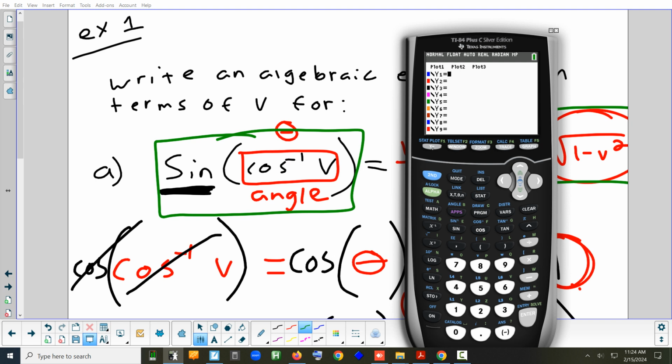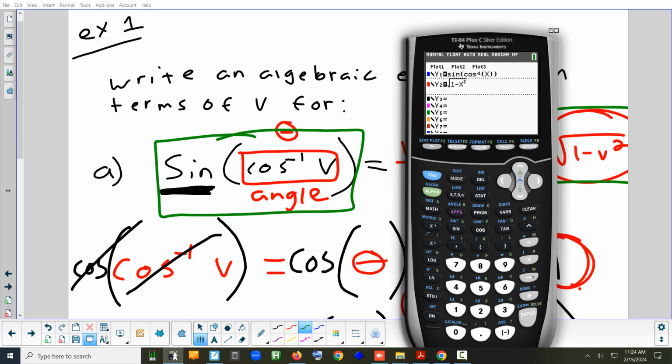Let's go to y equals. Yes, I'm just checking my answer. Remember, when you type in on the calculator, you always have to use x for the letter. You can't use anything else. Second, square root 1 minus x squared. Okay.